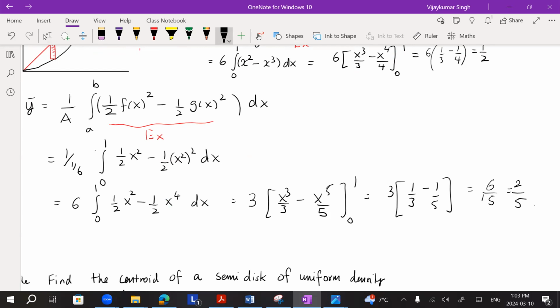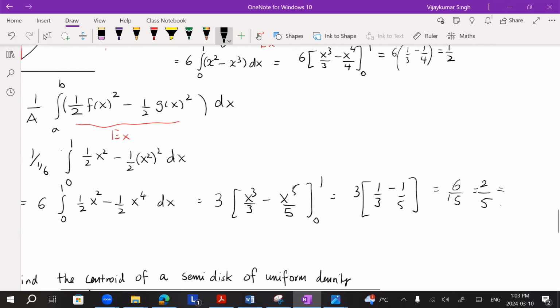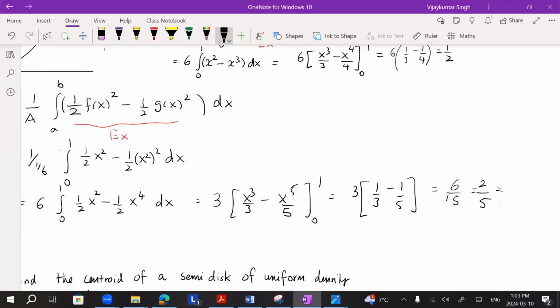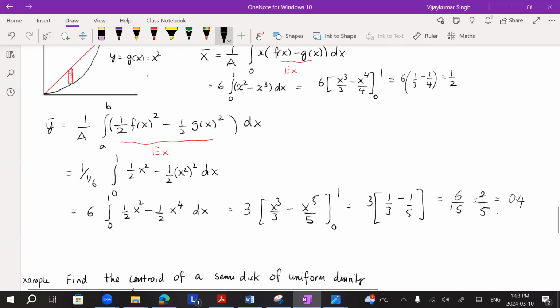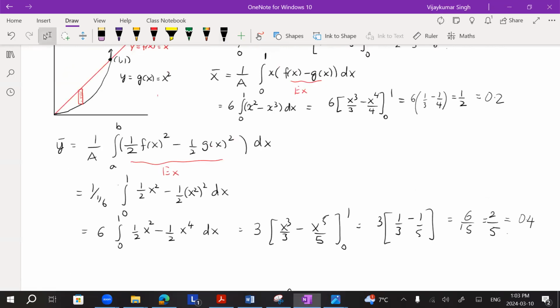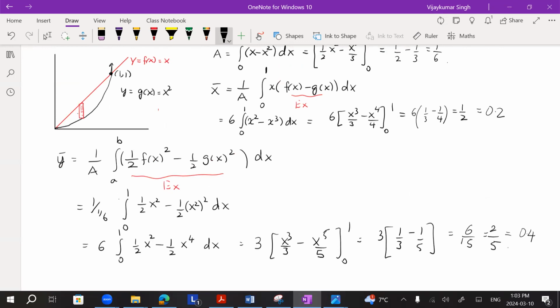So y bar is 2 by 5, say 0.4, and x bar is 0.2. Right. So if I want to draw this, suppose I'm interested to draw this. If this is 0 to 1 here, then x bar is 0.2, and y bar is 0.4, so somewhere around.